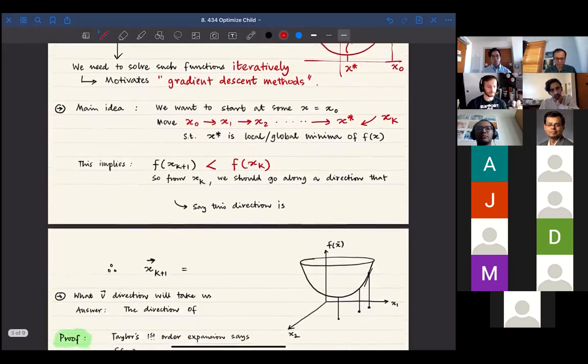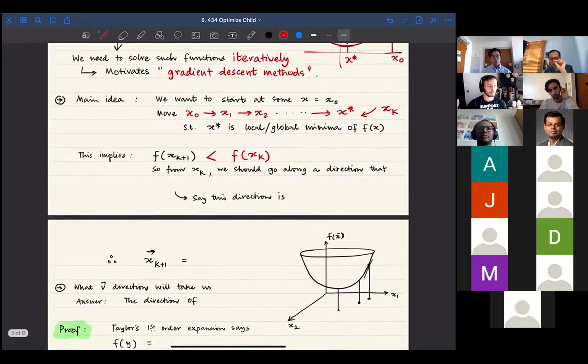Good. So from xk, we should go along a direction that decreases the value of f(xk). Right? Imagine you're climbing down a mountain.